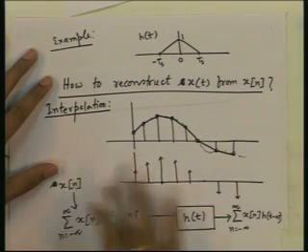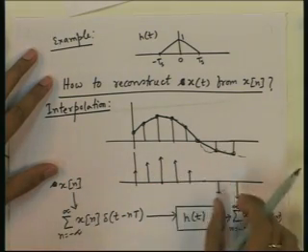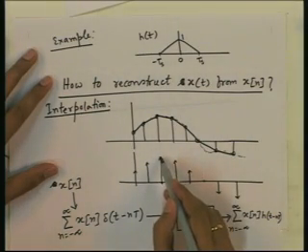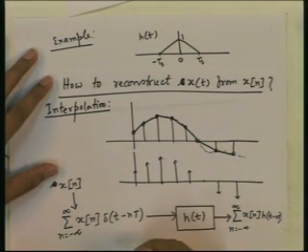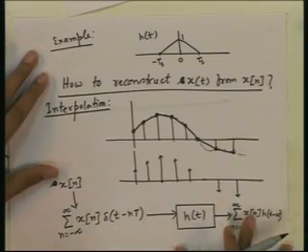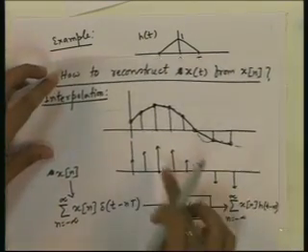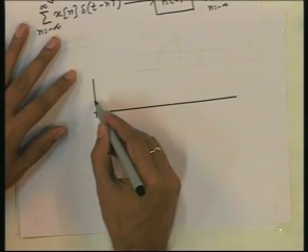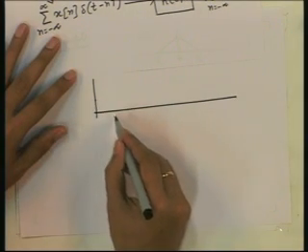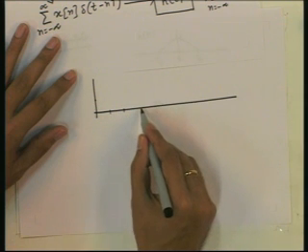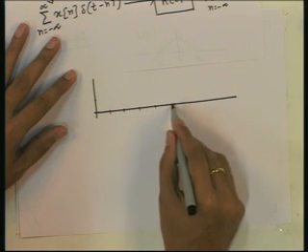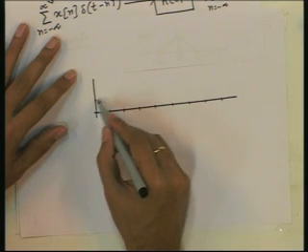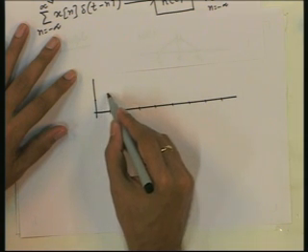And so, the output signal will be the sum of all such shifted copies, shifted and multiplied by the amplitude of the delta function. So, from this the output will be, say these are the sampling positions, and these are the values.